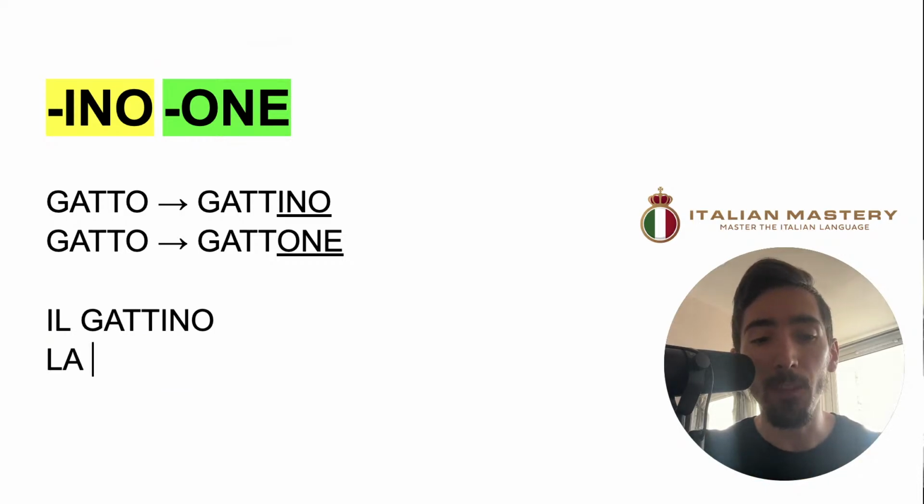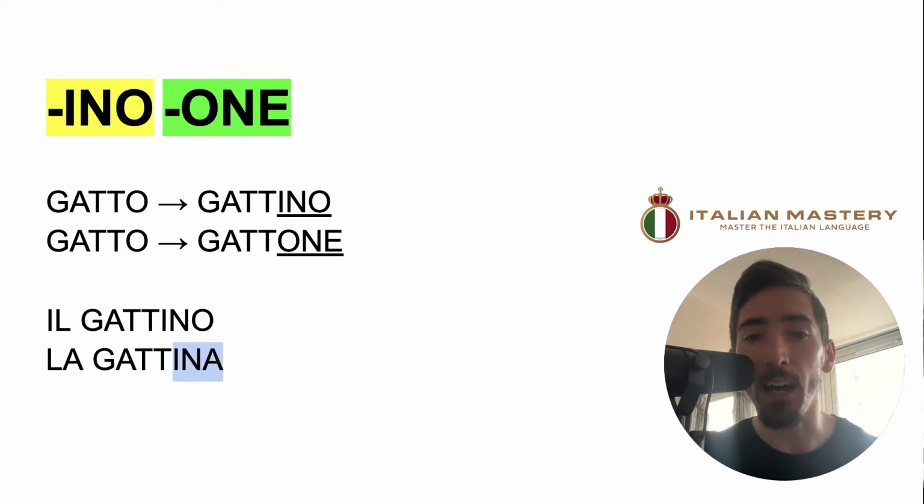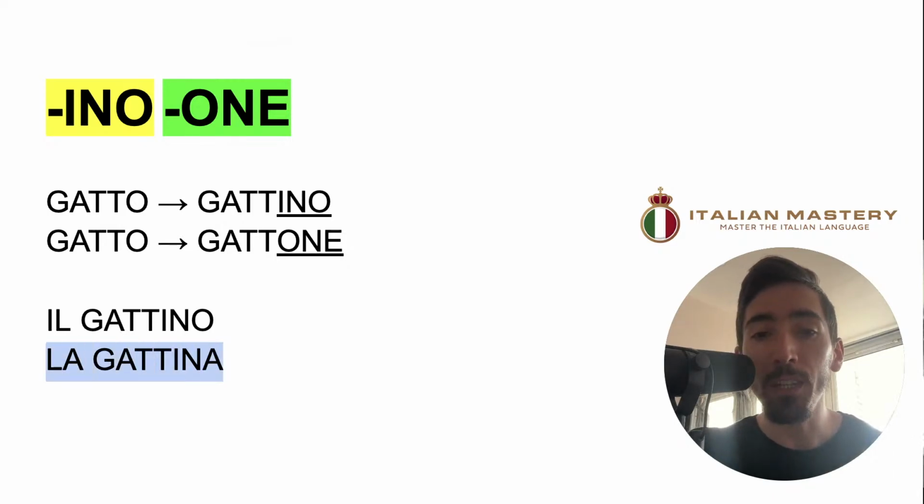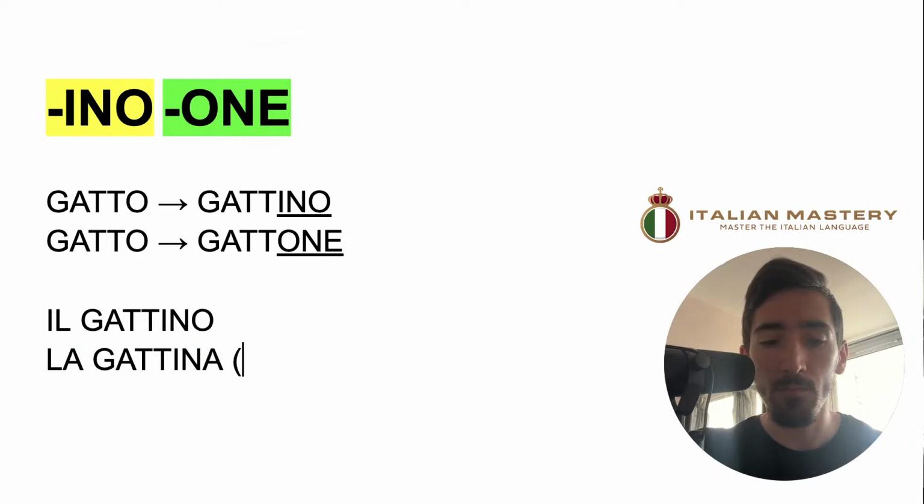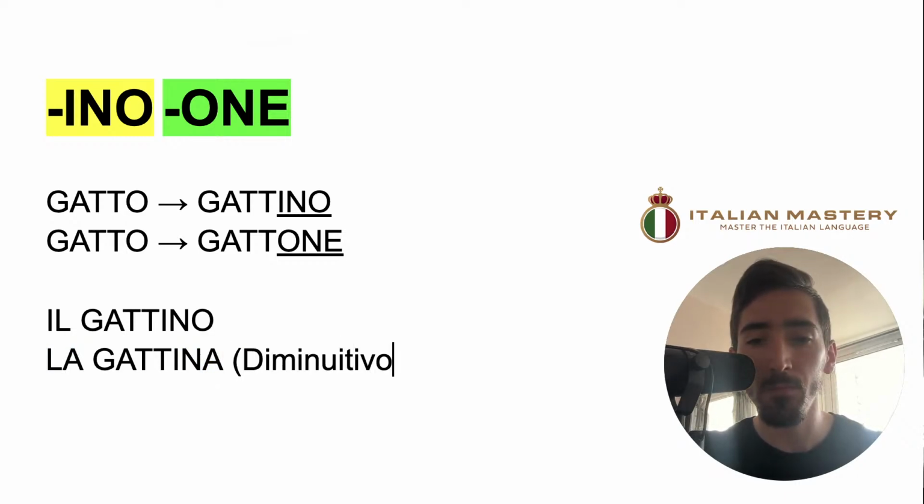The big cat female, la gattona. And this is, again, gattina, small. This is called diminutivo. And this is called accrescitivo.